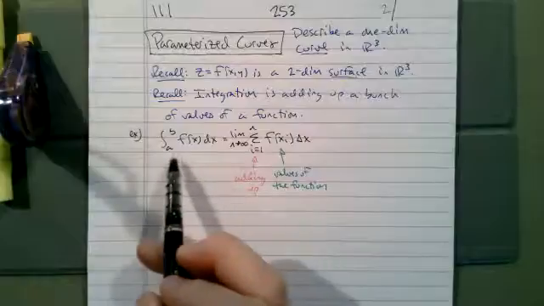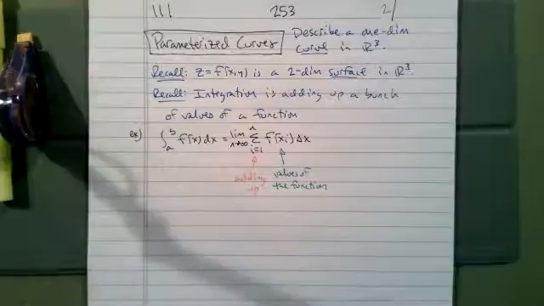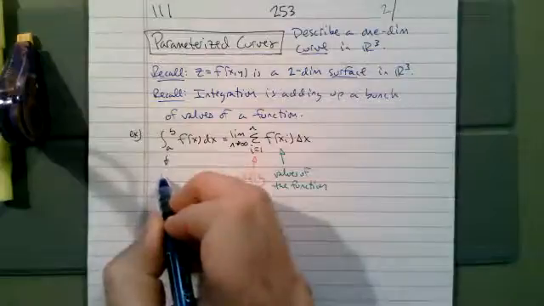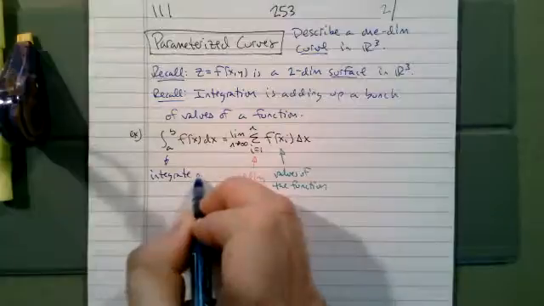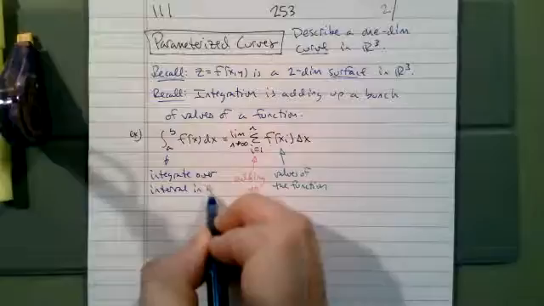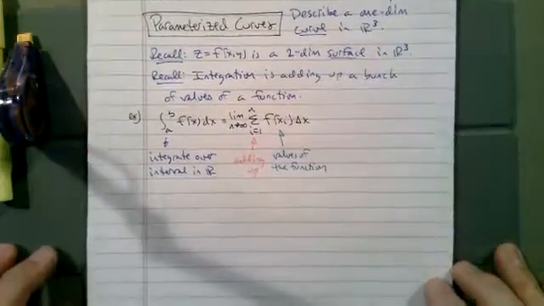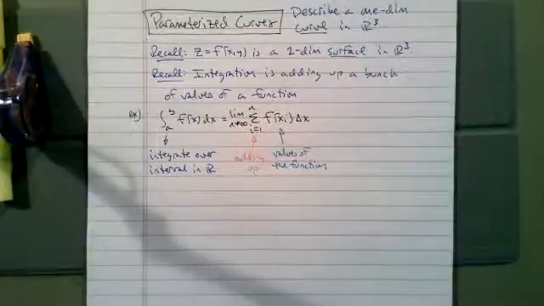But with one variable, we're adding up values from the interval from a to b in R1. We're integrating over an interval in R. That's the only collection of points that we can really have in R. If we have more than one interval, separate intervals, then we have to do a bunch of separate integrals.